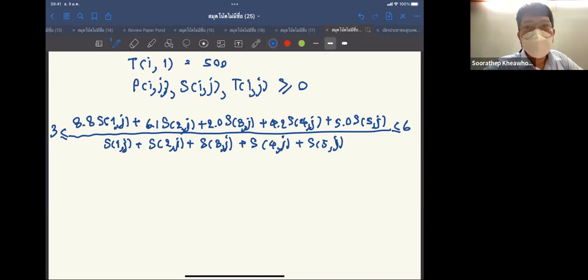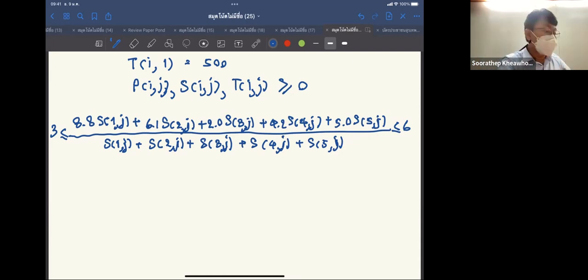But actually it's the same, right, as long as you define it correctly. So j represents the month.